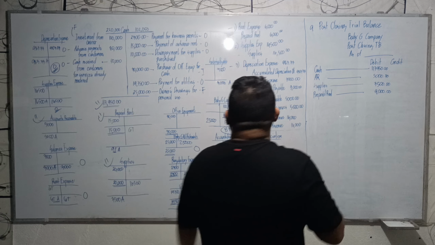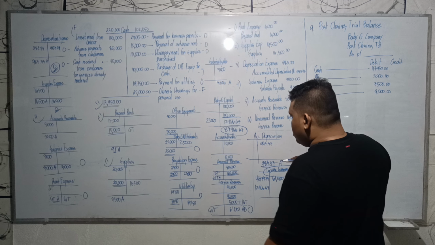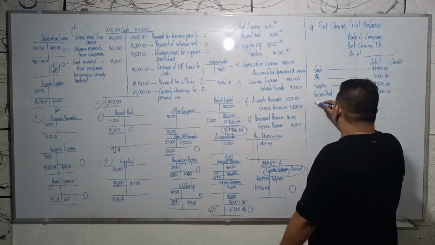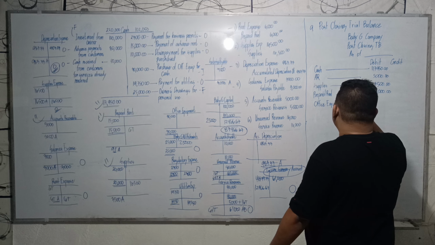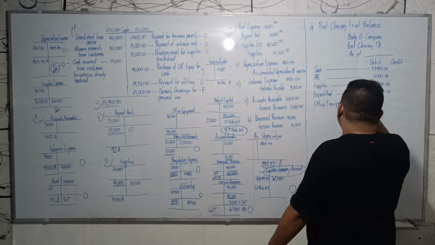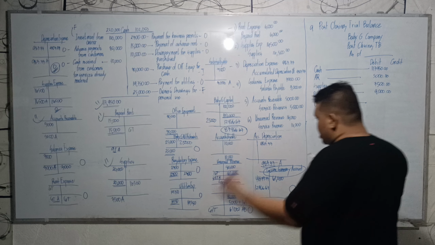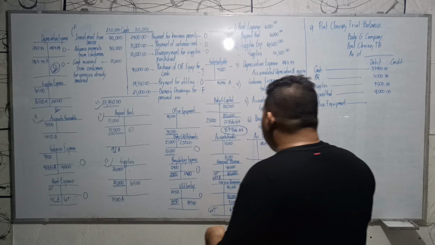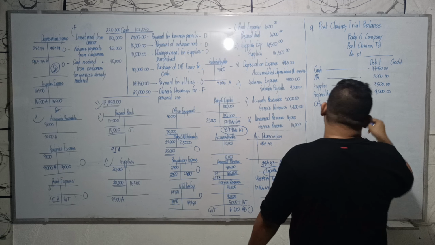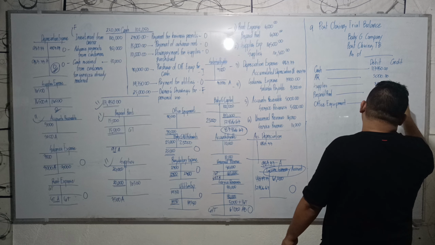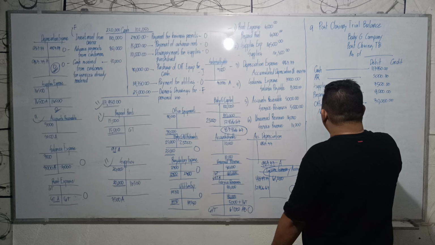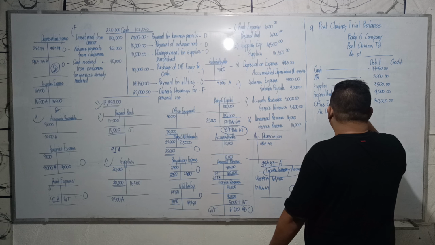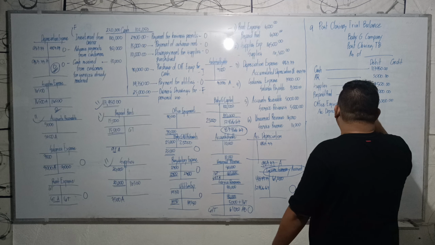Let's go to the non-current assets. We have office equipment. So the office equipment is not changed. What's changed is its accumulated depreciation. So it's still 30,000. But even if this has not been changed, the accumulated depreciation was updated for office equipment.